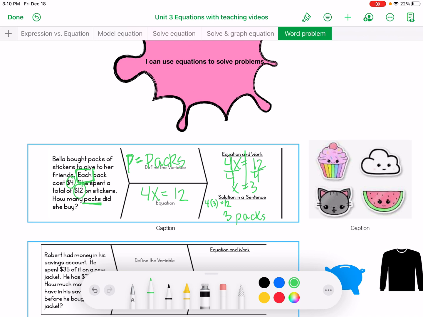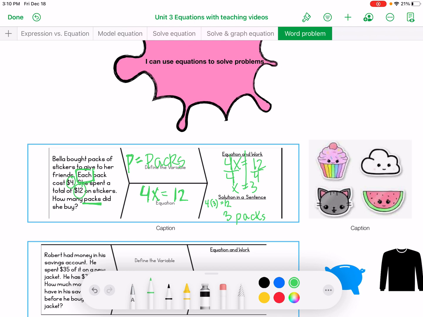If you think about it, we know that each pack cost $4. But how many did she buy if she spent a total? So the total is telling us that's how much she spent. So we know that that is going to be our is. She spent a total of 12.